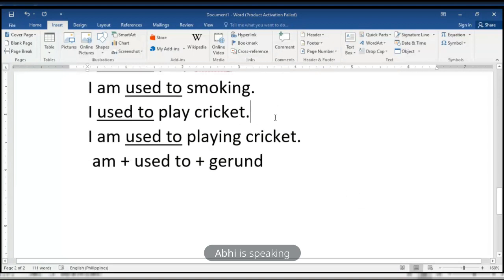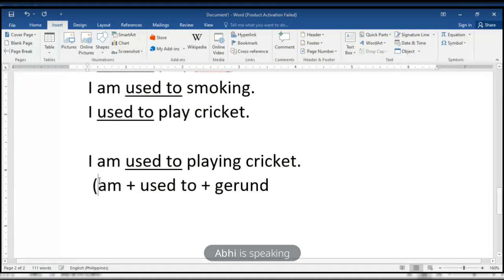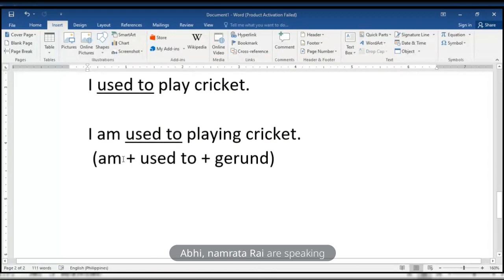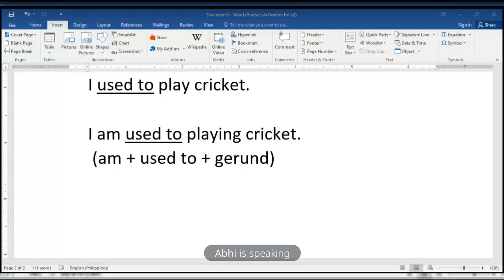In be, we have am, is, are, was, been. So when I say "I am used to", it is a form of be. So just after "am", we have "used to". Then after that we have to write the verb in its ing form. We cannot say "I am used to play cricket". We cannot say "I am used to smoke". "Am" should not be there.